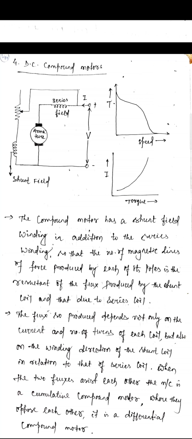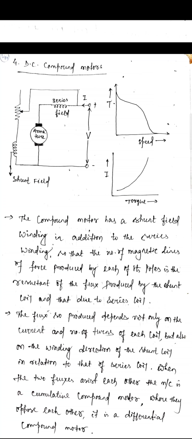And look at the torque versus speed and line current versus torque graph. The compound motor has a shunt field winding in addition to the series winding, so that the number of magnetic lines of force produced by each of its poles is the resultant of the flux produced by the shunt coil and that due to the series coil.